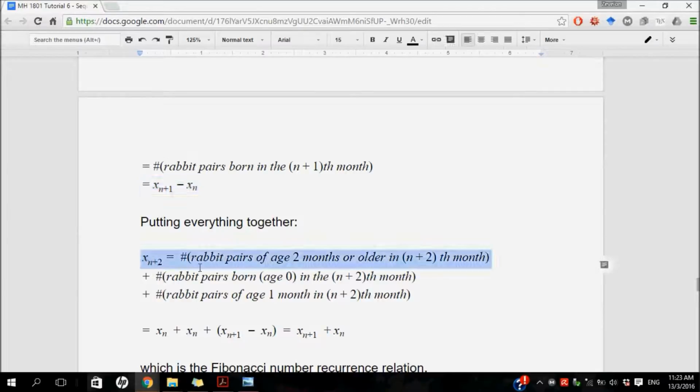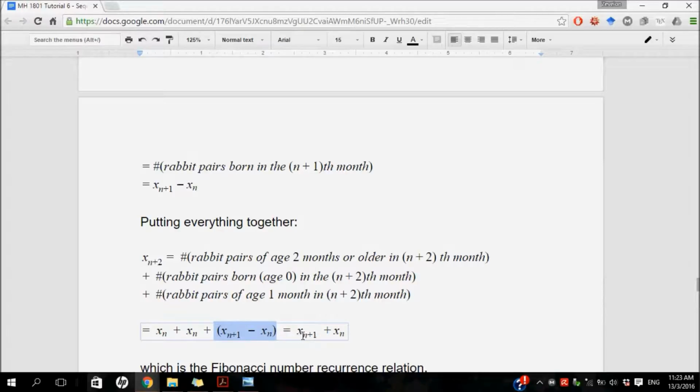So xn plus 2 has this decomposition, and the first number was determined to be xn. The second number is completely determined by the first, it's also xn. And finally, the number of rabbit pairs of age 1 month is given by this quantity as we just found.